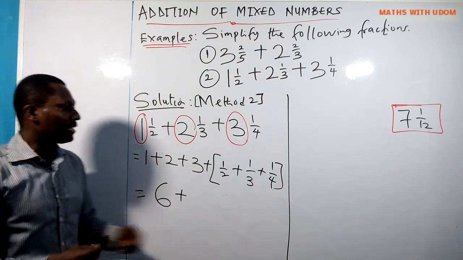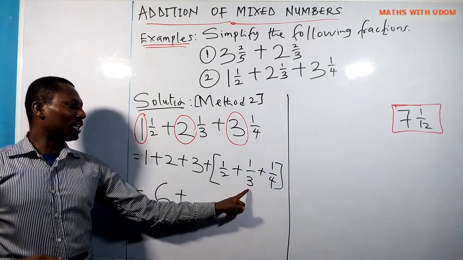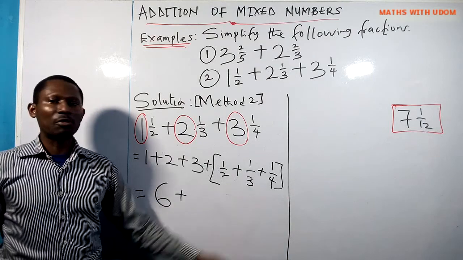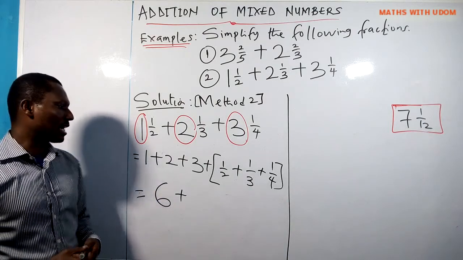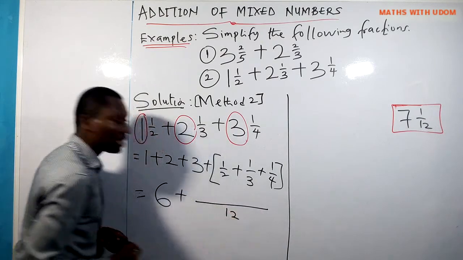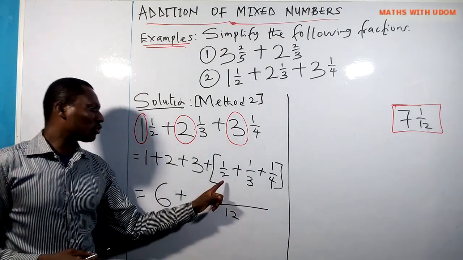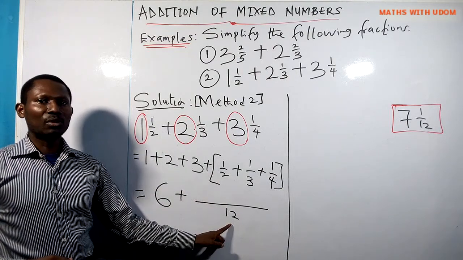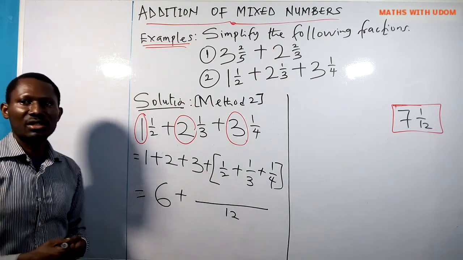Plus, then we'll find the LCM of 2, 3, and 4. We have done that before. So if we find the LCM of 2, 3, and 4, we get 12 as our LCM. So you draw your division line, write your LCM. How many 2 can go in 12? 6, okay? So 6 times 1 is 6.